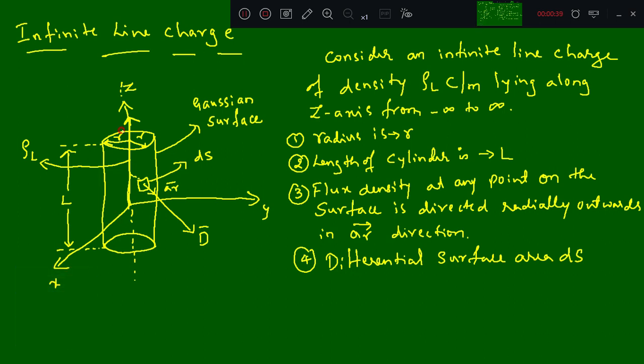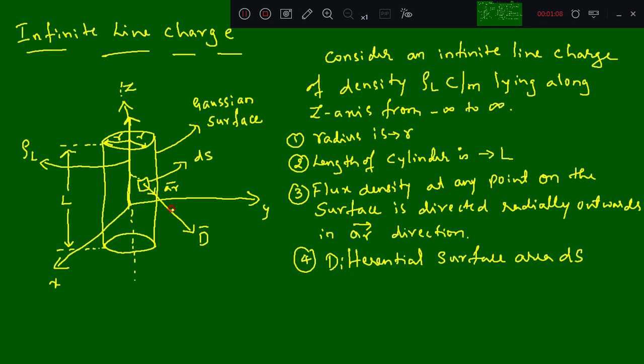Then we consider a cylinder having the radius r, and the length of the cylinder is L. Then the flux at any point on the surface is directed radially outwards in the aR direction, with differential surface area dS. So this is shown in the diagram.